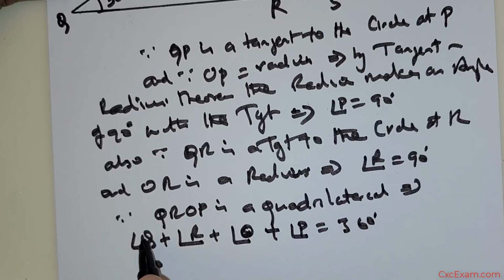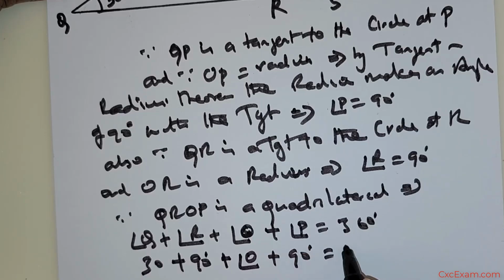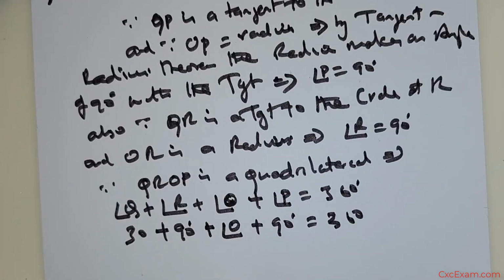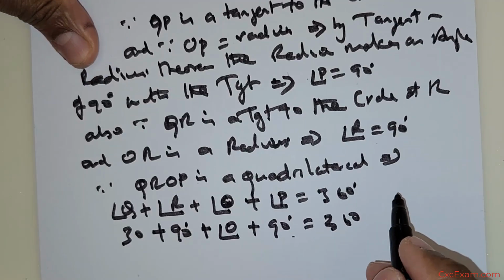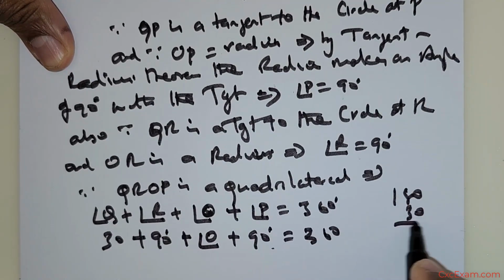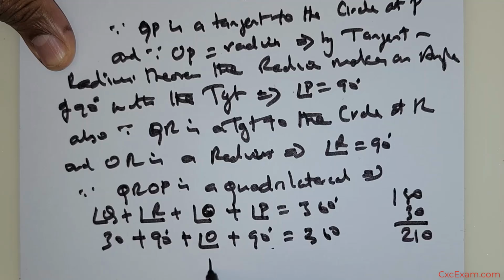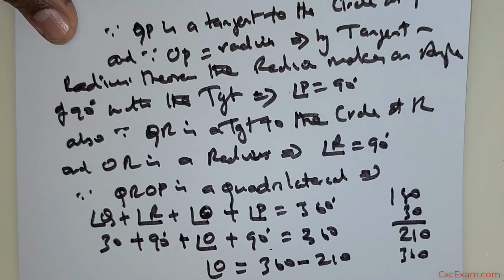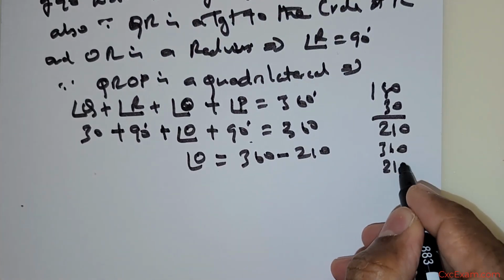Angle at Q is 30, angle at R is 90, angle at O we don't know. Angle at P is 90, equal to 360. 90, 90, 180, added with 30, 210. So angle at O is 360 minus 210. From 360, you take away 210.